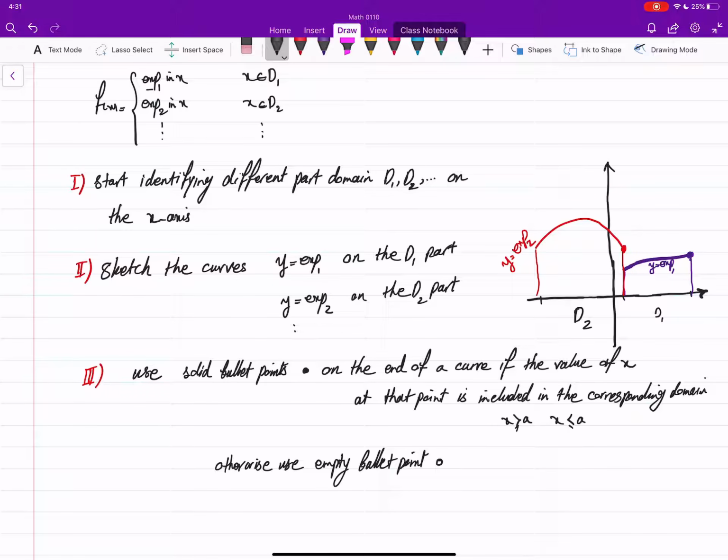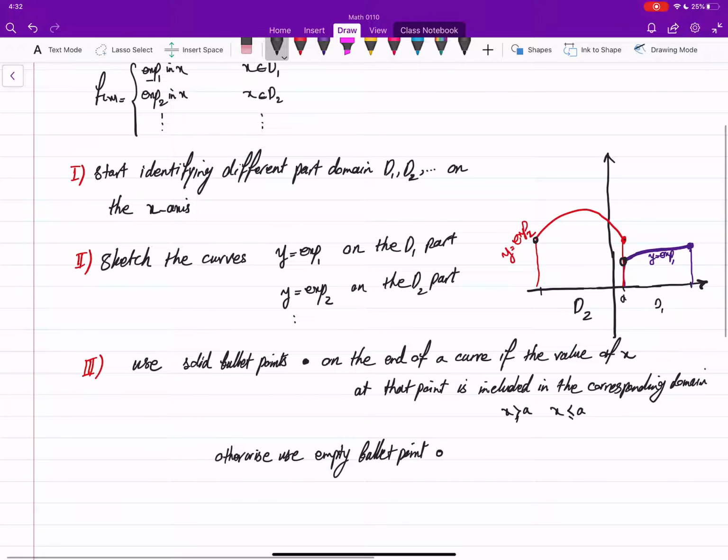So here this point was already included in the red one, so I need to put a hollow one there saying that at this point, let's say a, the value of the function is given by this red solid point, not the empty bullet point. So you can have a solid or empty one at those points. Okay, so this just gives you an idea of what to do with these graphs.